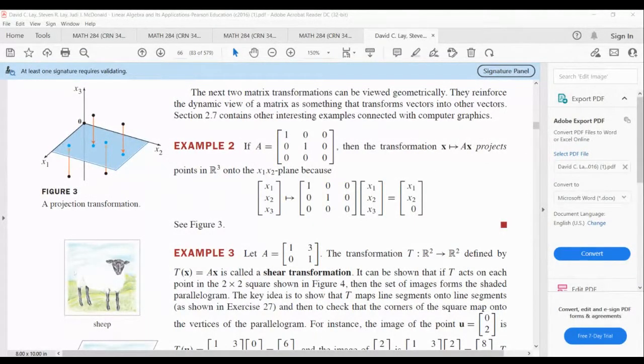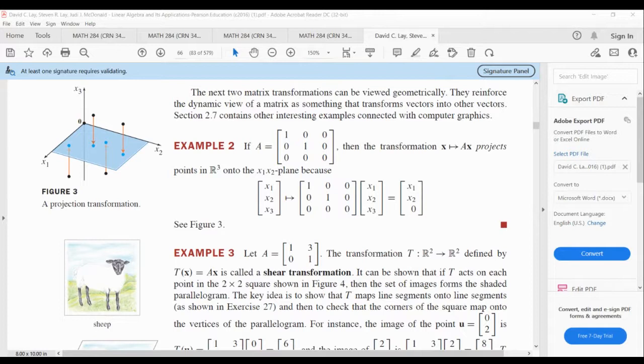So you're taking points in three-dimensional space and mapping them to points that are in three-dimensional space but restricted to the x1, x2 plane. This kind of math can come up in computer graphics, and you're going to see that later on in chapter 2. But you see a little bit of graphics right here.